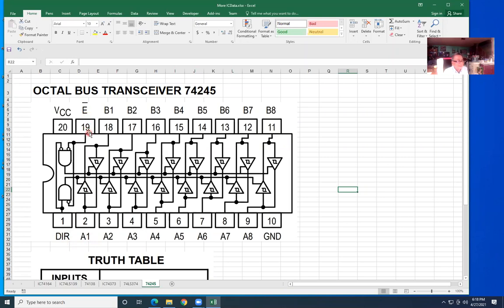If pin 19 is at logic 1, it looks like this IC is completely disabled. If you want it working, so data can go from A to B or B to A, then pin number 19 must be 0. If you set pin number 19 at logic 1, it looks like this IC is not inside the circuitry; they will be high impedance. You're not loading the data in the bus.